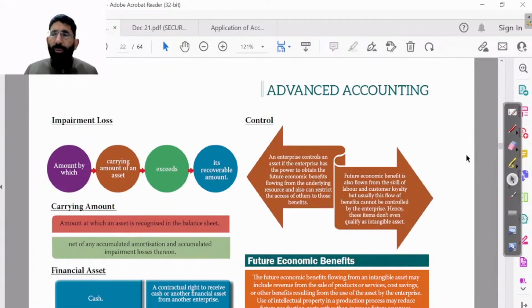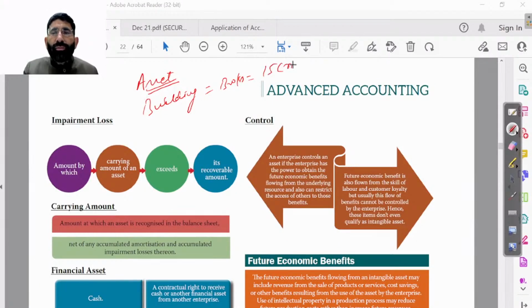Impairment loss meant for what? Very simple. If an asset, a fixed asset I'm talking about, is appearing in our books for a certain value, it may be any asset, but take a building. Its value in our books of accounts is rupees 15 crores.